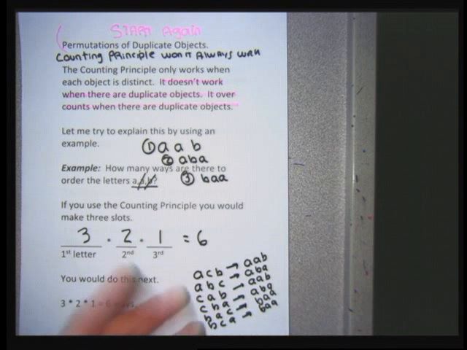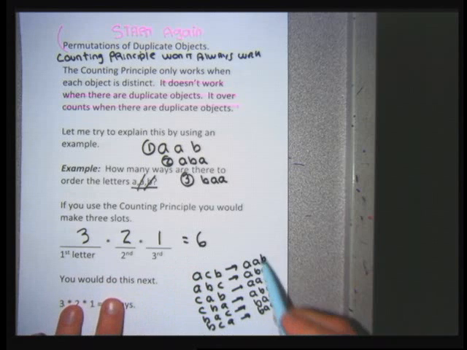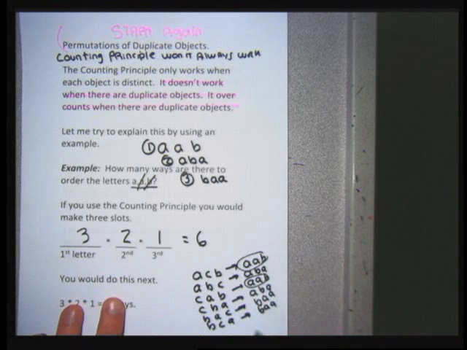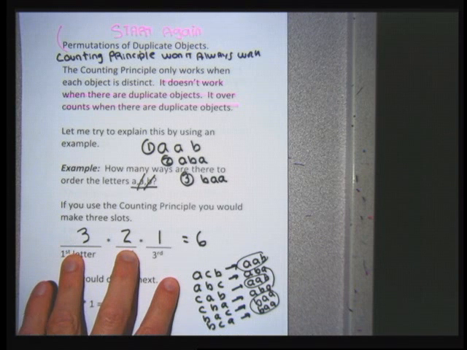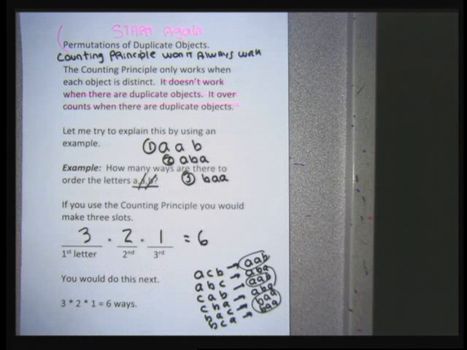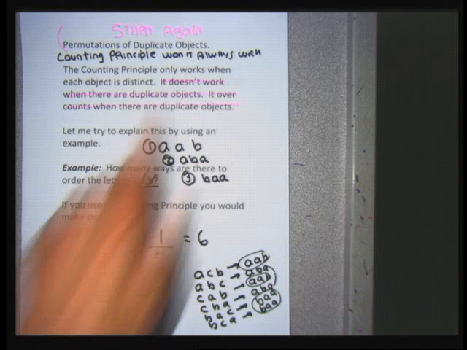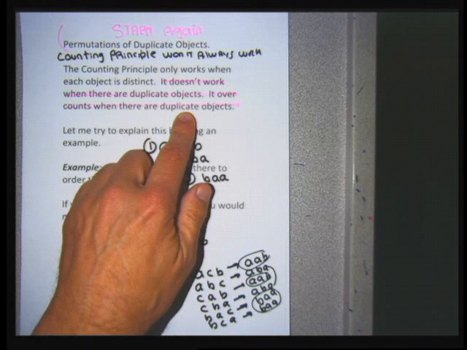And it's counting 6 things when there's really only 3. If you look at this list, you'll start to see, these are the same, these are the same, and these are the same. So we have to be careful when we're making lines and multiplying. We are assuming everything here is unique and not having duplication. So the counting principle doesn't work when there's duplicate objects. It overcounts when there's duplicate objects.